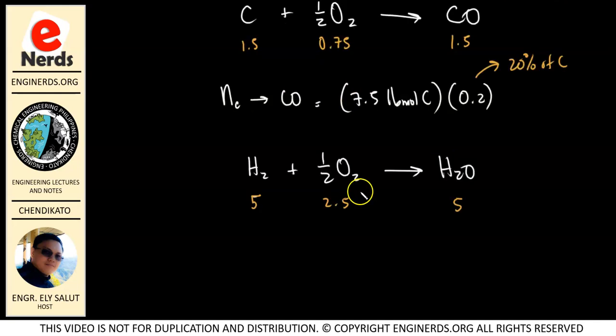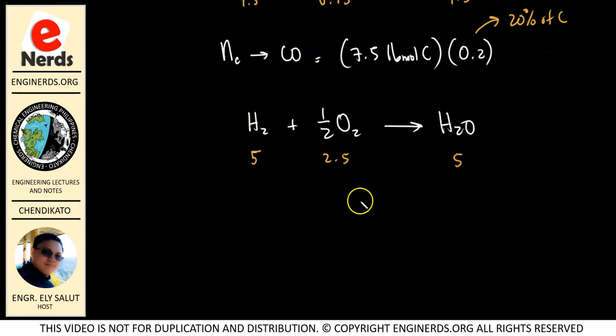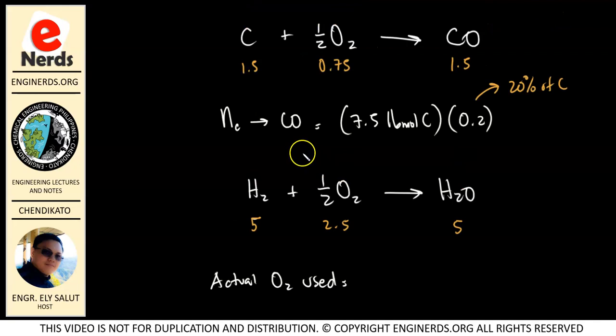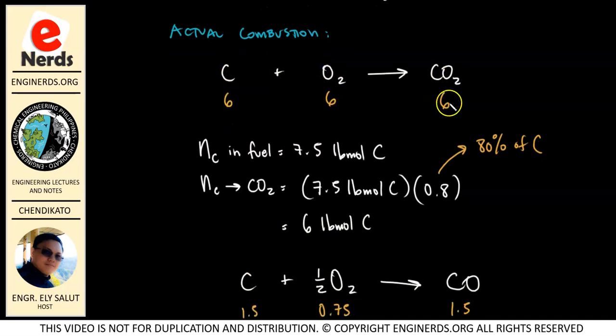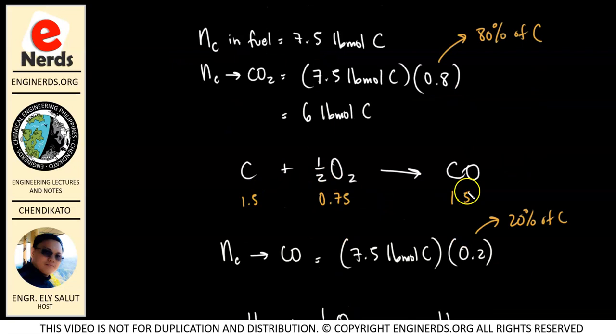Okay. So, gaano karami yung actual na nagamit nating O2? So, actual O2 used. Gaano karami? So, para malaman natin kung gaano karami yung actual na nagamit, we need to add all of the O2 that is used in converting carbon to CO2, converting carbon to CO, and converting H2 to H2O.